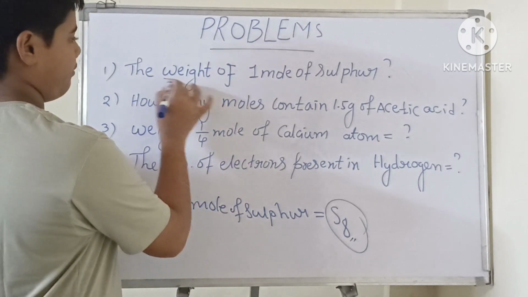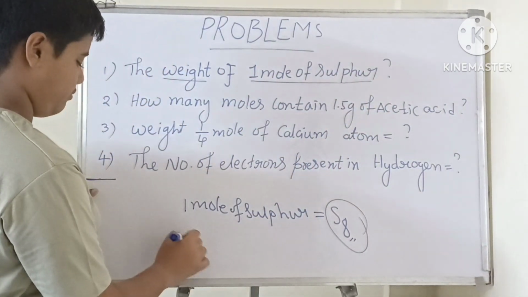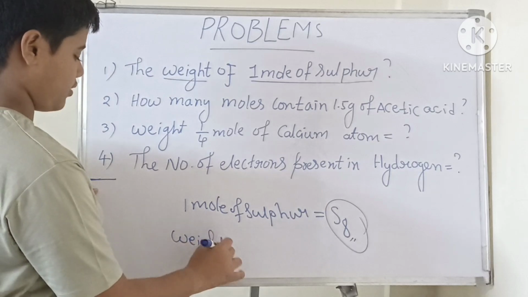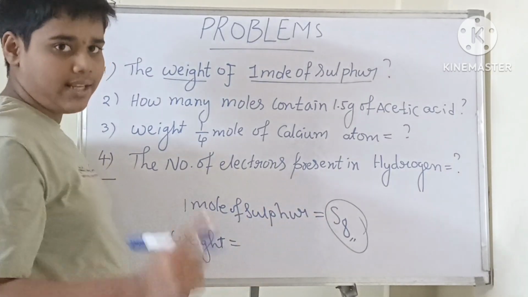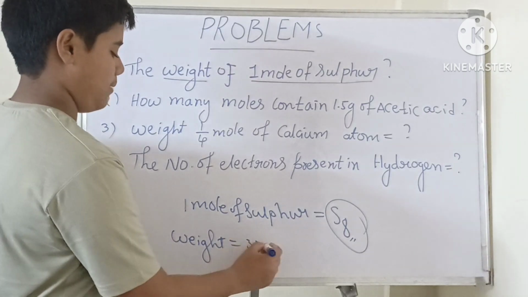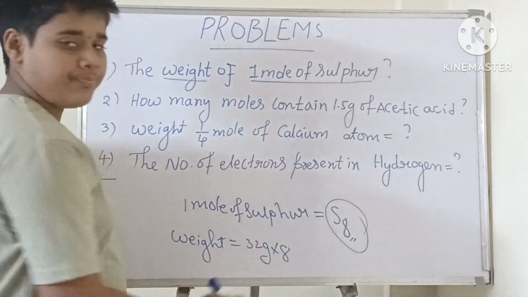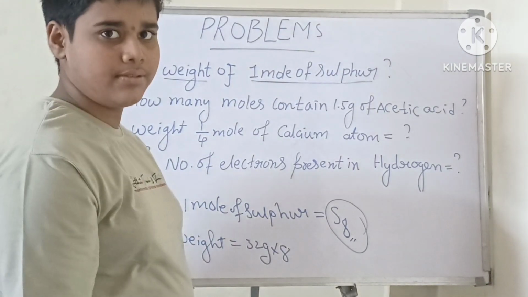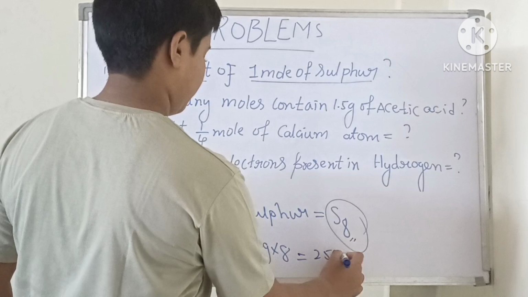So we have to find the weight of 1 mole of sulfur. Only 1 sulfur is 32 grams, and we have to multiply with 8 because we have to find 8 sulfurs. So 32 into 8, 256 grams.